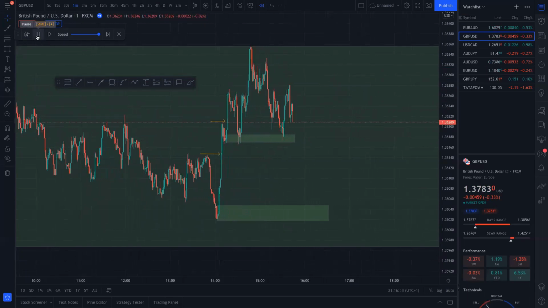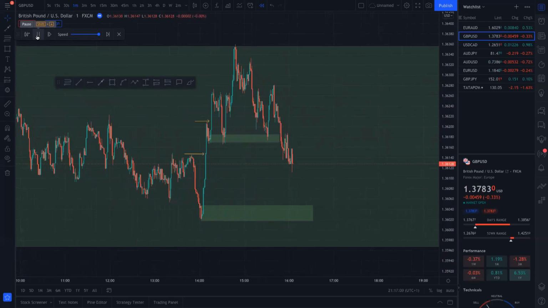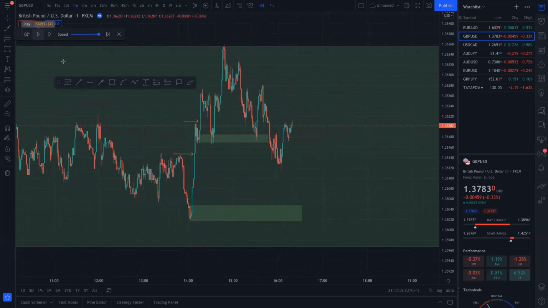But in this case, price comes back to the order block 1 here, so we'll get order block 2. So order block 1 will hit.